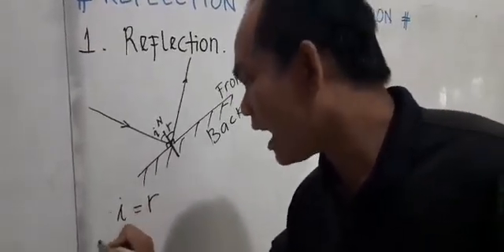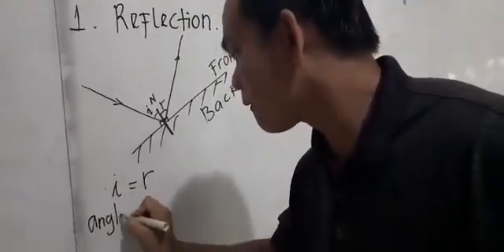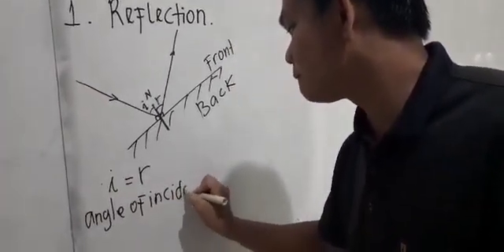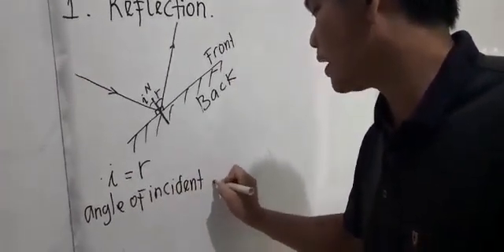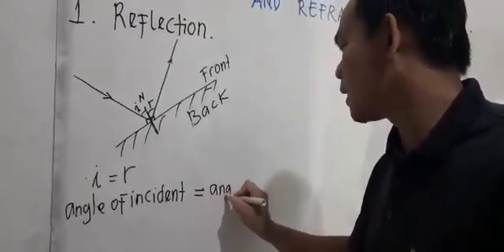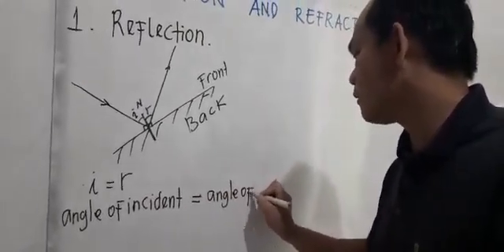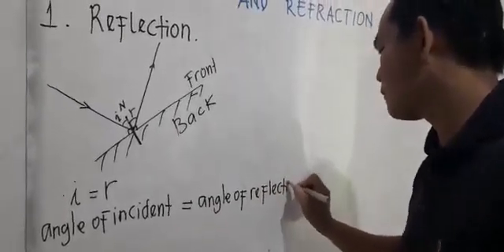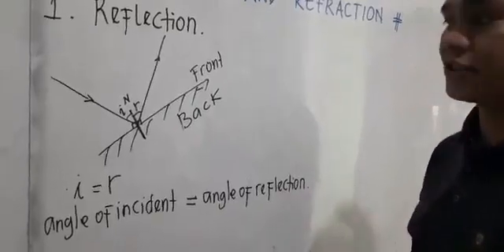What is I? I is the angle of incident, and R is the angle of reflection.